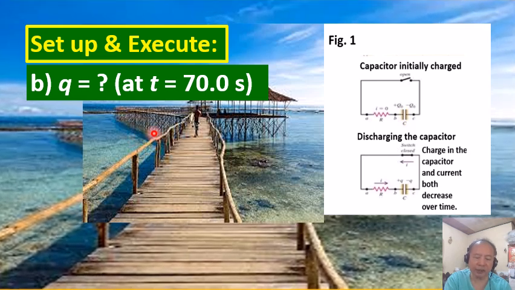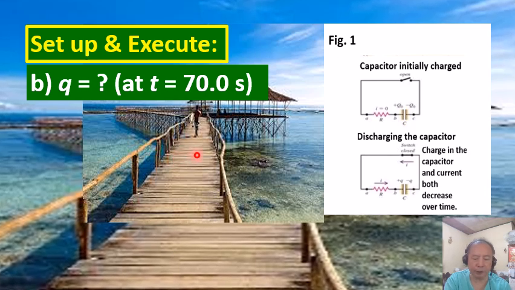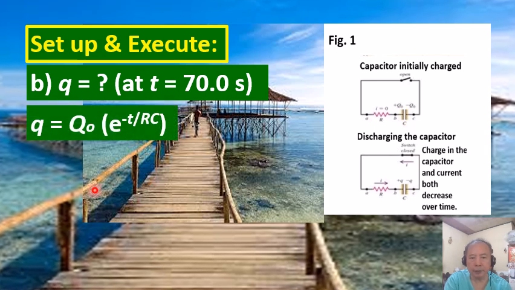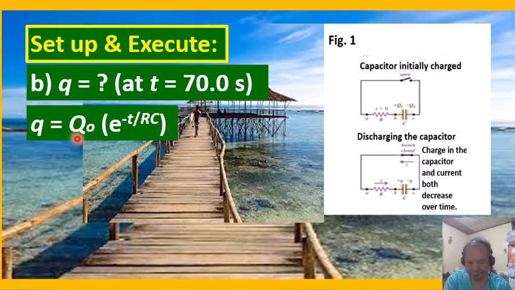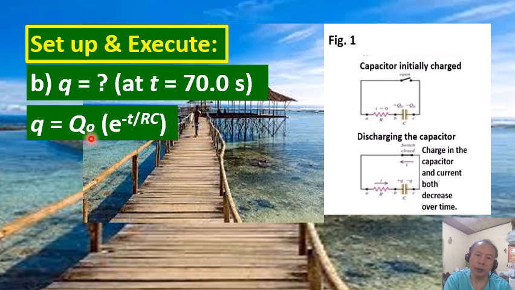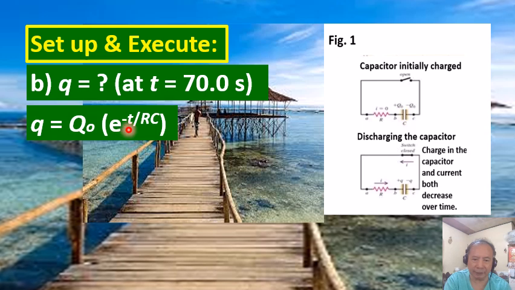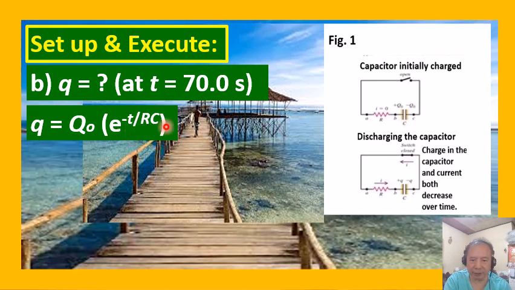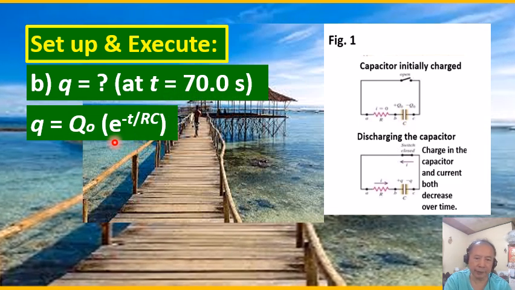Finding the charge small q in the capacitor in part B, our equation for charge small q is small q equals big Q naught multiplied by Euler's number raised to the negative T divided by RC, where the value of the time T this time is given as 70.0 seconds, right?